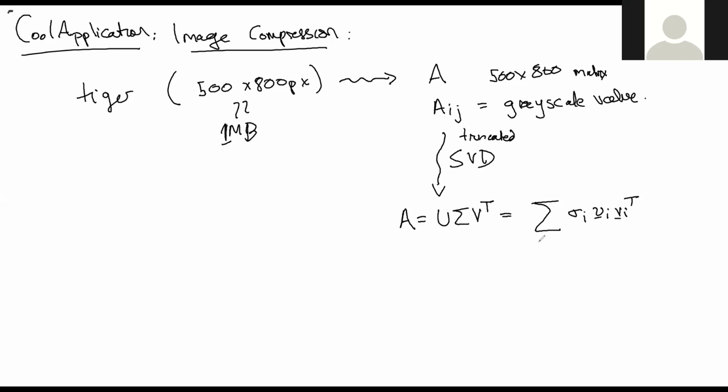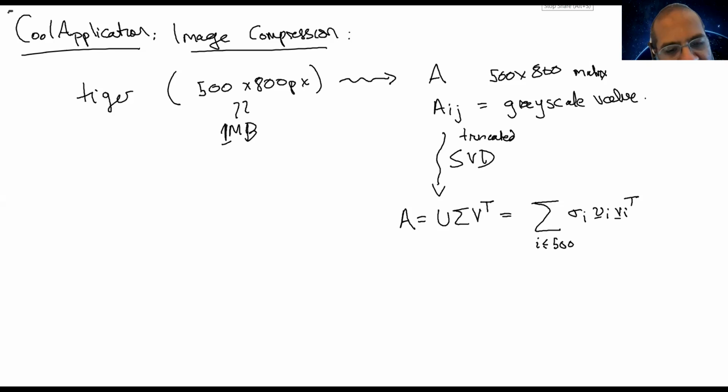So we should expect to have at most 800 eigenvalues. Correct, at most 800 terms. Actually, the number of terms is the rank, and it's 500 by 800, so the rank is at most 500, because the row rank is at most 500. So you can actually improve this to 500, but you're right. So let's take the SVD.